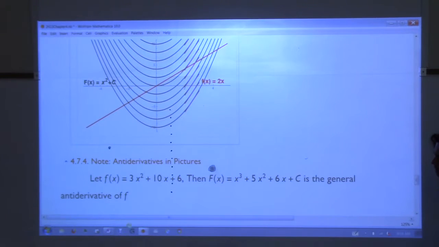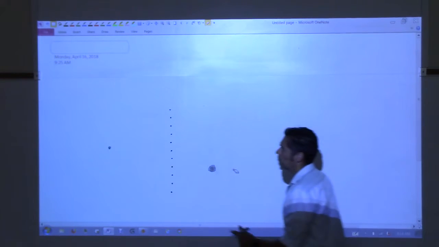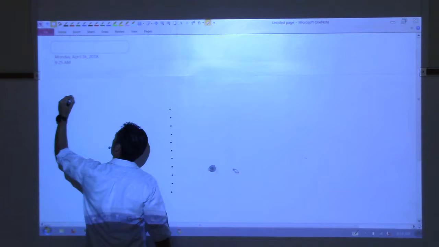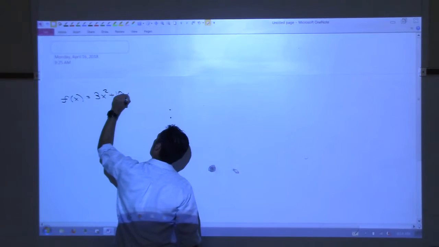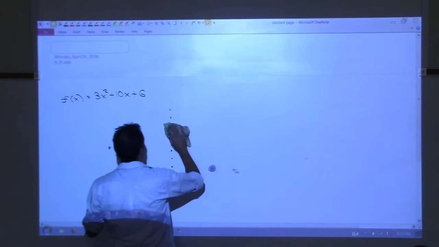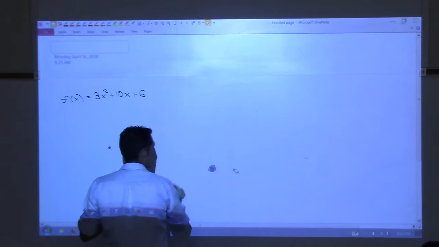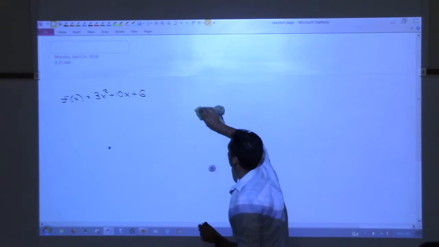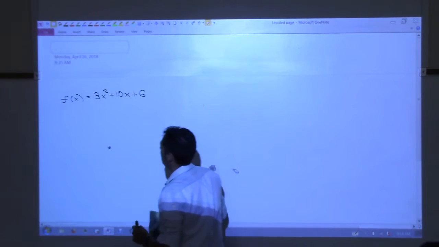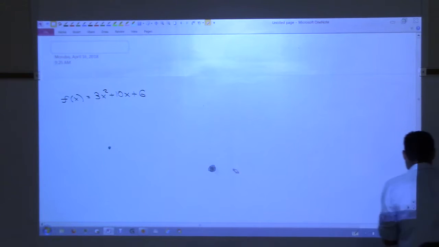Let's do this one right here: 3x squared plus 10x plus 6. All right, so if we have that, what is the general antiderivative? We have to be careful here. This is where we really want to start being careful.